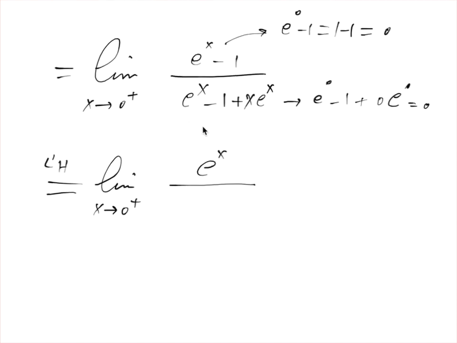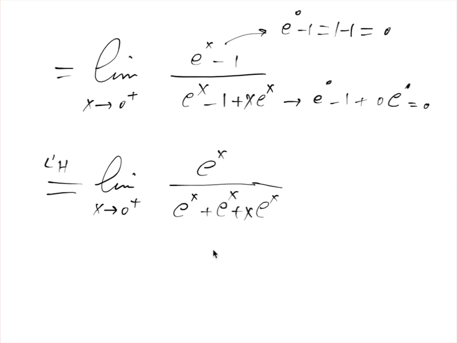Now in the denominator, derivative of e to the x is e to the x, minus derivative of 1, which is 0, plus the product rule for x e to the x, which is derivative of x, which is 1, times e to the x, plus x times derivative of e to the x, which is e to the x.